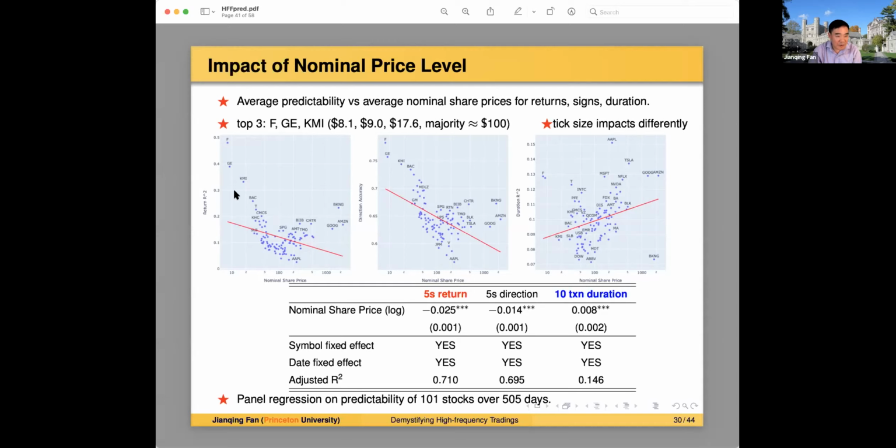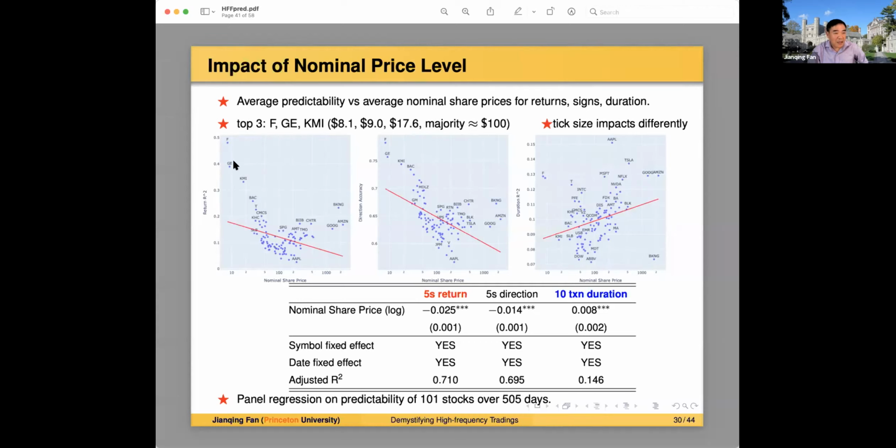We have 101 symbols here. Since the minimal price change is 1 cent, a smaller nominal price must mean a bigger bid-ask spread. The most predictable, the top three, is Ford, with an average price of only 8.1 cents, followed by GE at 9, and then KMI here. And the most expensive, as I said at the beginning, averages $185. So these are very small stocks.